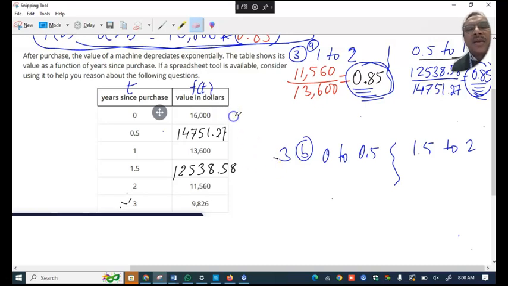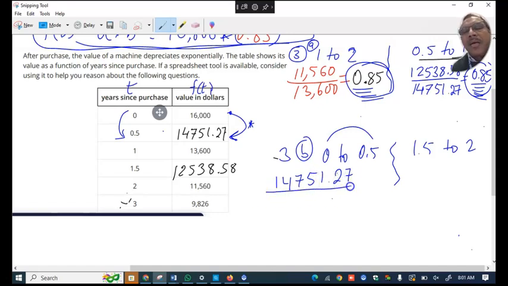So the next is asking you from 0 to 0.5. So this piece, see. If that is like half a year, what does it multiply by? What's the decay factor right there? So to find the decay factor for the half year, you'll have to do 14,751.27 and now divide by 16,000.